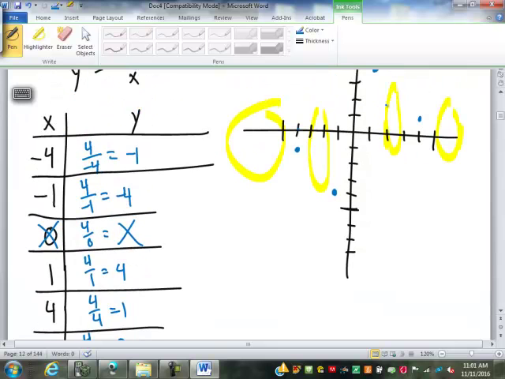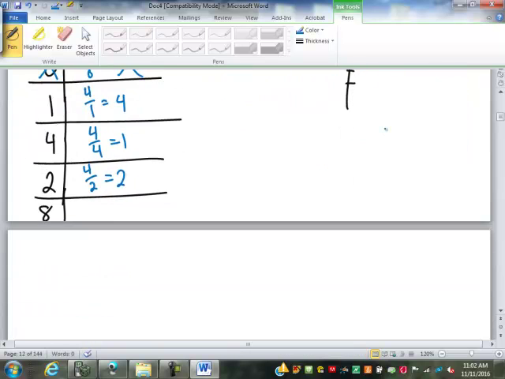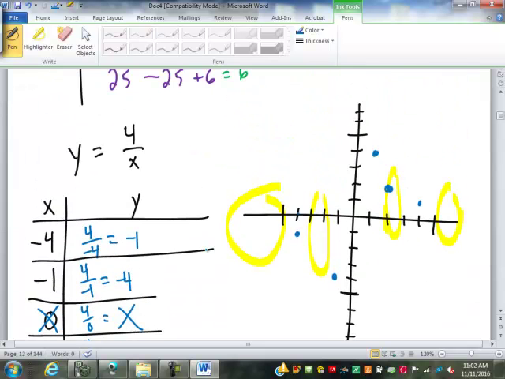So that'd be 2, 2 right there. If x were 8, y would be 4 divided by 8, which is 0.5 or 1/2. So at 8 and 1/2, that's 5, 6, 7, 8, somewhere out here. We're starting to get a picture of a curve like that.